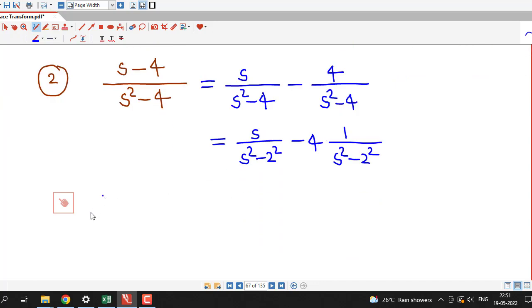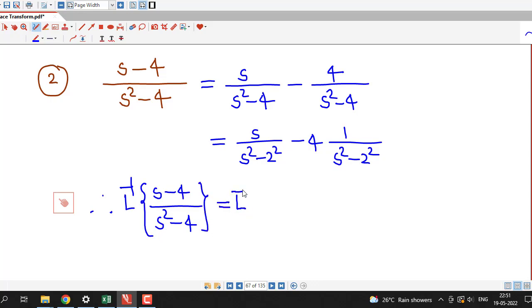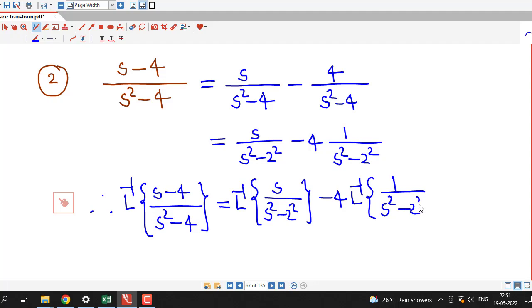So now L inverse of s minus 4 divided by s square minus 4 is equal to L inverse of s divided by s square minus 2 square minus 4 times L inverse of 1 divided by s square minus 2 square. Now this first one is cos hyperbolic 2t minus 4 times.